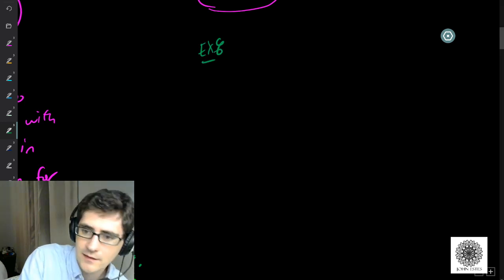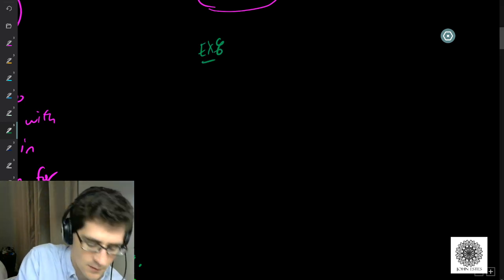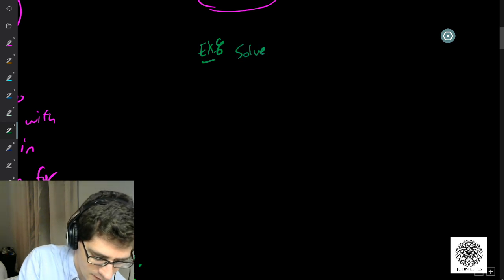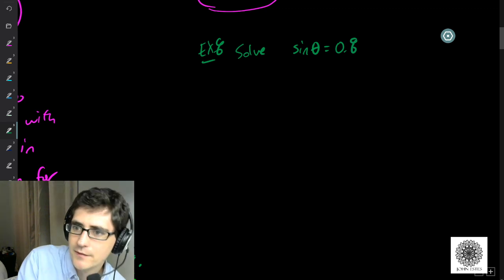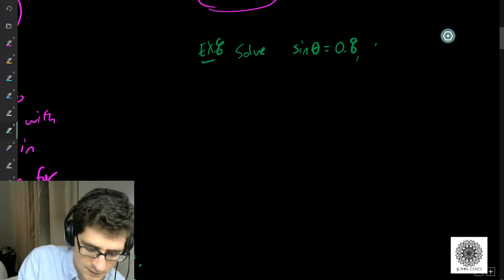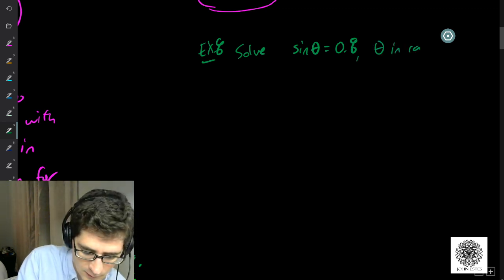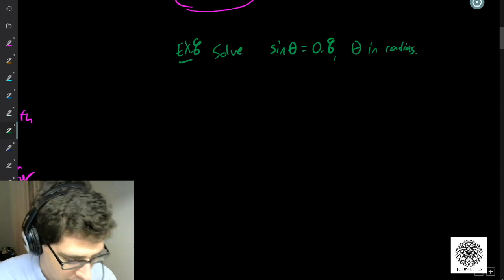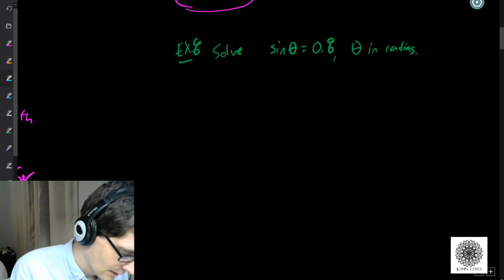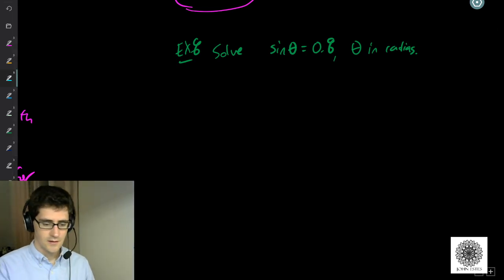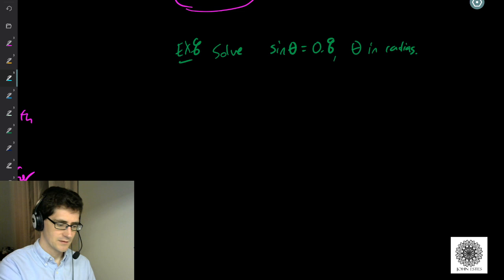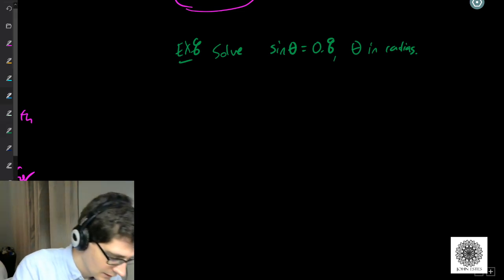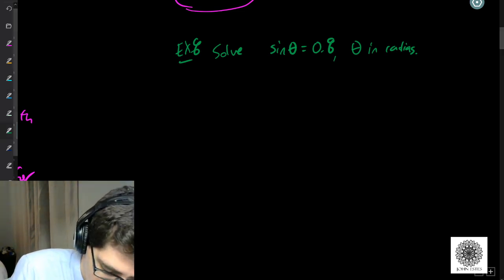In the text, it says we want to solve sine theta equals 0.8. All right, and here it says theta in radians. We've done all of our solutions in radians already. Now the reason it mentions that though is because to do this question, we're going to have to use a calculator.